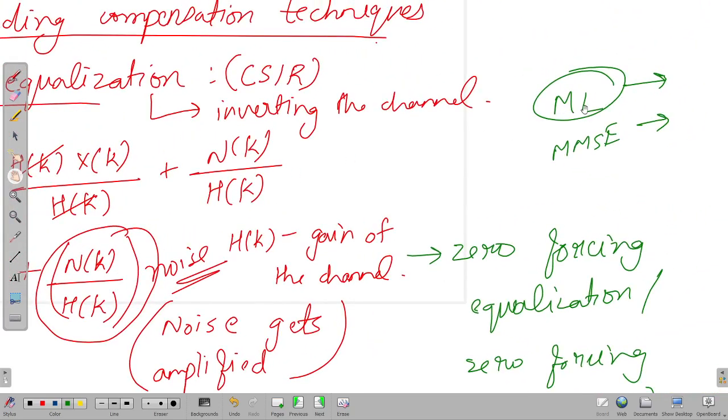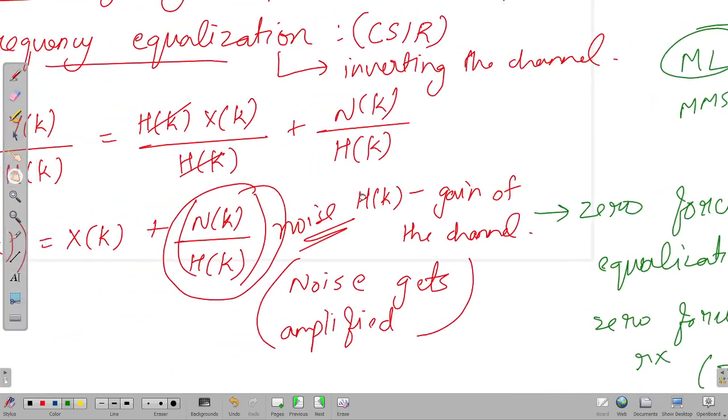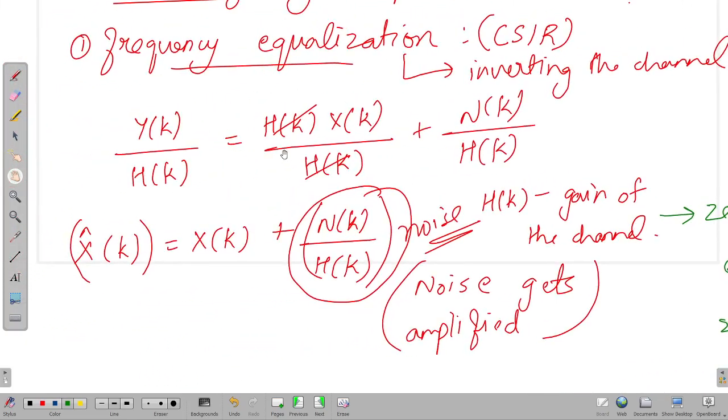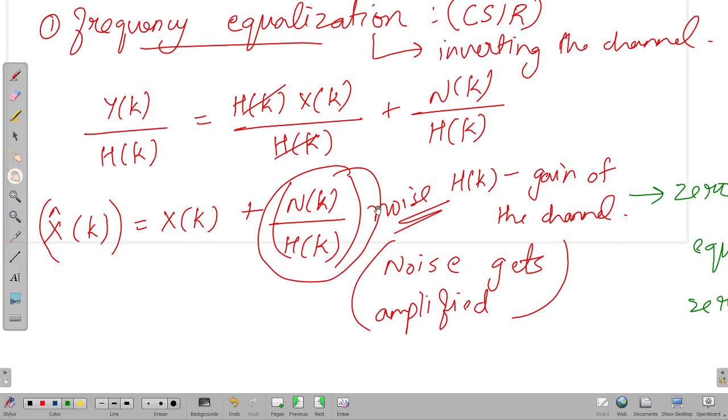ML equalization becomes more and more complicated as the number of symbols increases. So zero forcing equalization, or equalizing in the frequency domain, is more popular among the signal processing engineers who work on these wireless communication techniques.